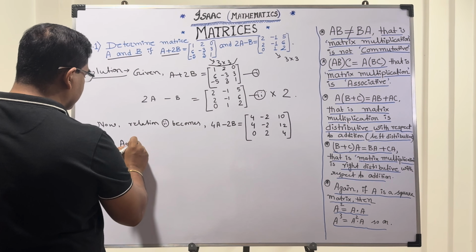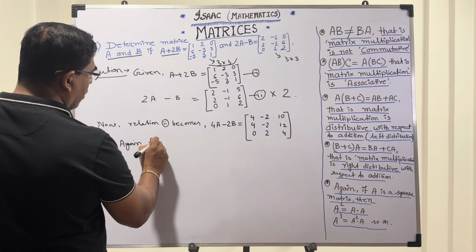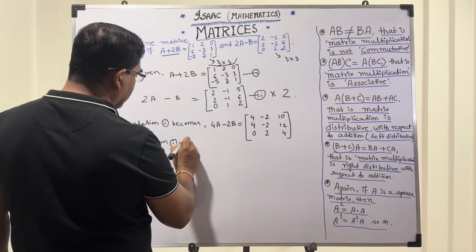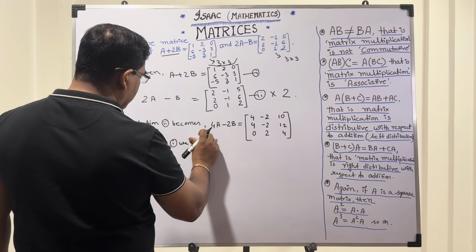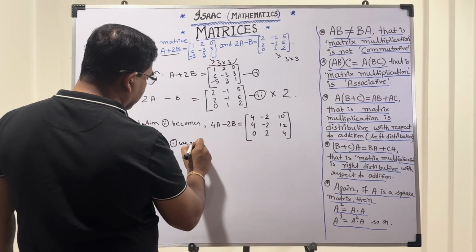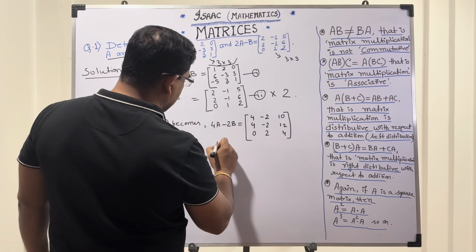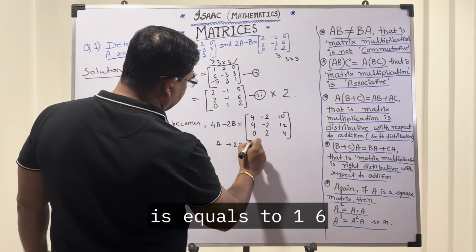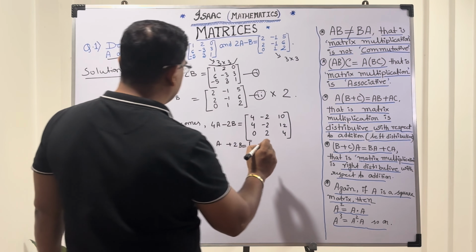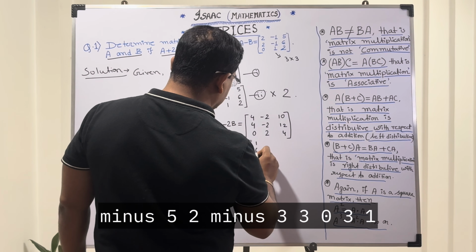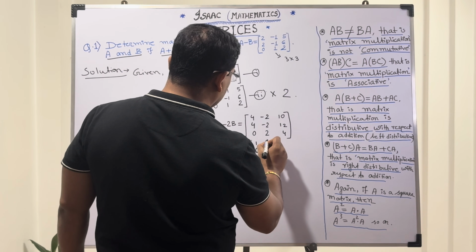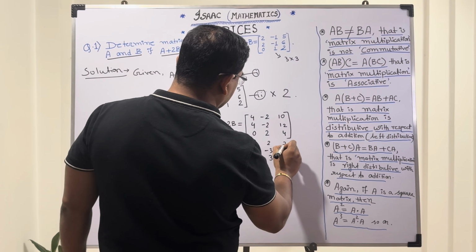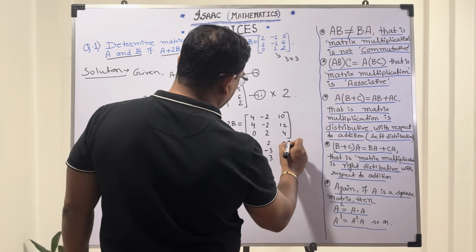Again, from 1 we get A + 2B is equal to 1, 6, -5, 2, -3, 3, 0, 3, 1.